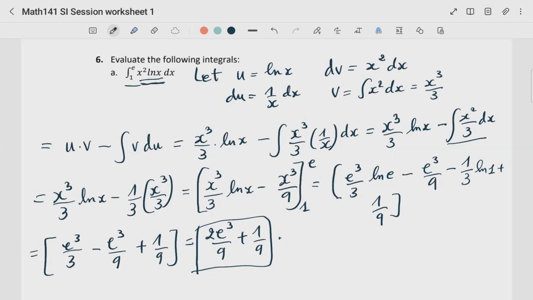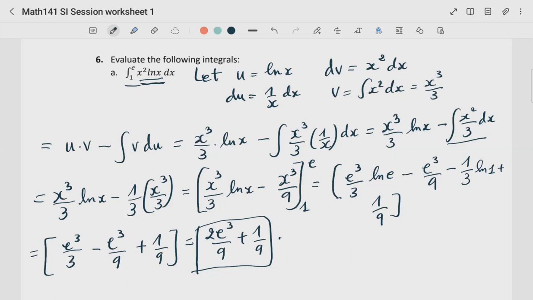Because for trigonometric functions, the integrals just keep recurring. You integrate cos, it goes back to sine, you integrate sine, it goes back to minus cos, and it's all round and round we go, right? For those who haven't watched the video, please refer back to it. But there's a trick that you use.